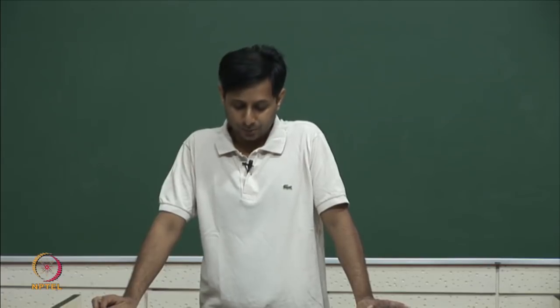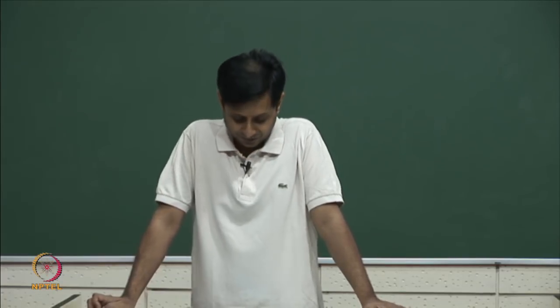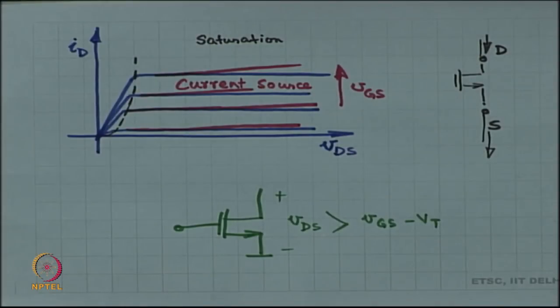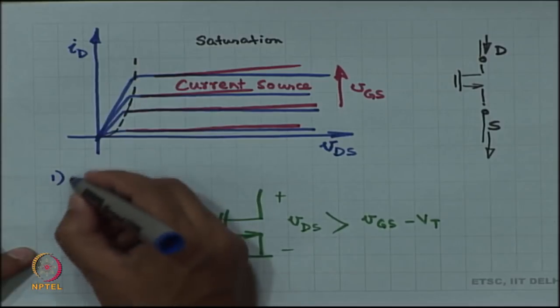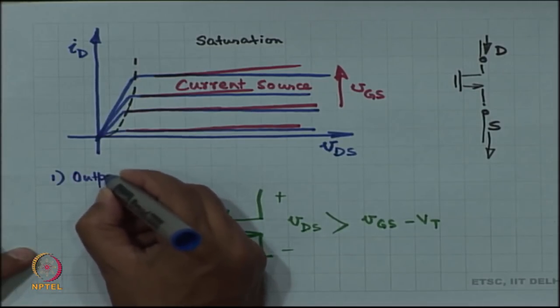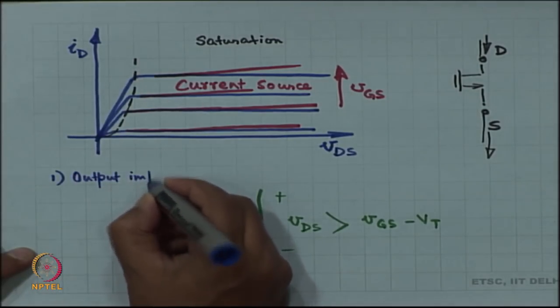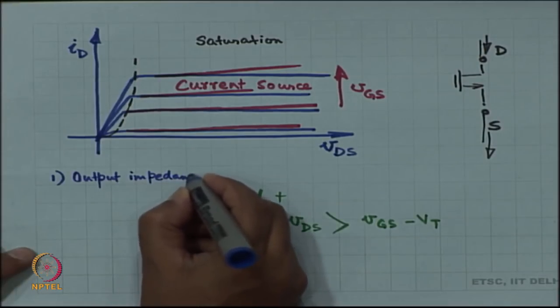So, these are the two problems. One is the output impedance of the current source. So, what is the slope? 1 by RDS, right, that is the slope, RDS is the output impedance of this particular current source. And so, slope, output impedance, is one problem.